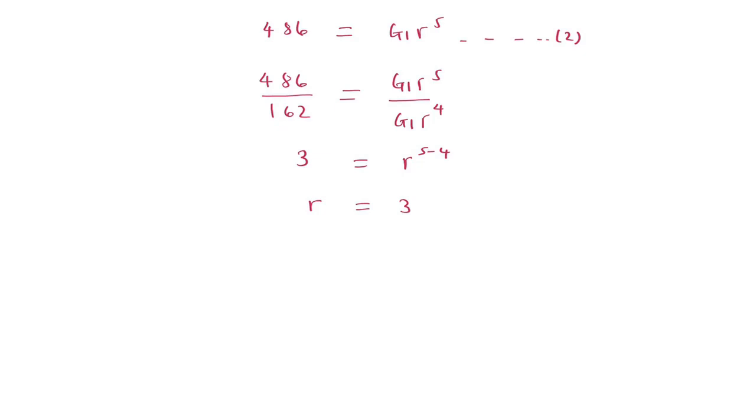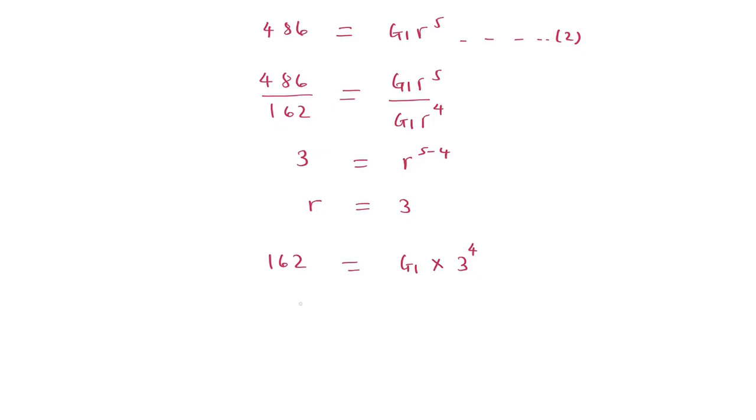Next, let us substitute this value of R in our equation number 1. Then we are going to have 162 equals G1 times 3 power 4. Now let us make G1 the subject.